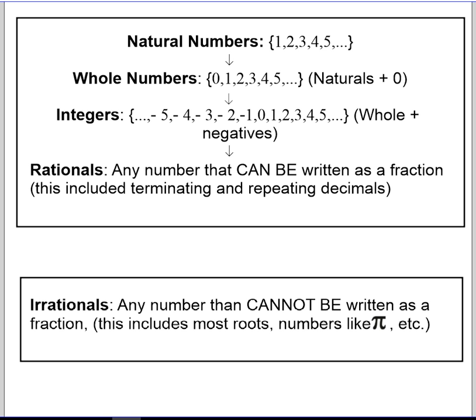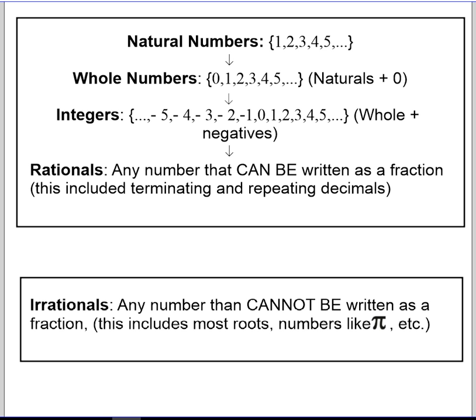And then we have numbers that cannot be written as a fraction, and those are called the irrational numbers. They include most roots, so your square roots that aren't perfect, which means there's no number times itself that gives you an answer. An example of a root that could be written as a fraction is the square root of 9. The square root of 9 is 3 because 3 times 3 is 9.